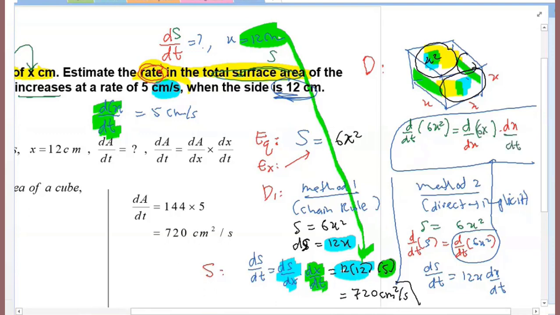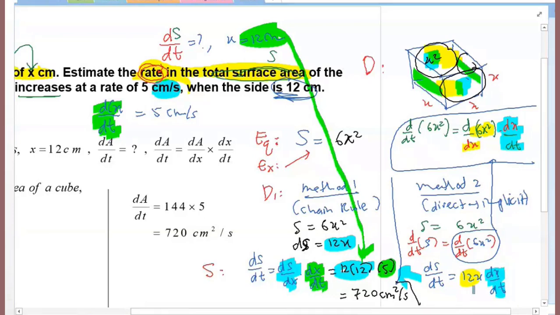So 6x squared, differentiate with respect to x is equal to 12x. So now dx/dt is here, so it does not cancel, because it is dx over dt. So we get the same as before. So substitute x and dx/dt and get the answer.